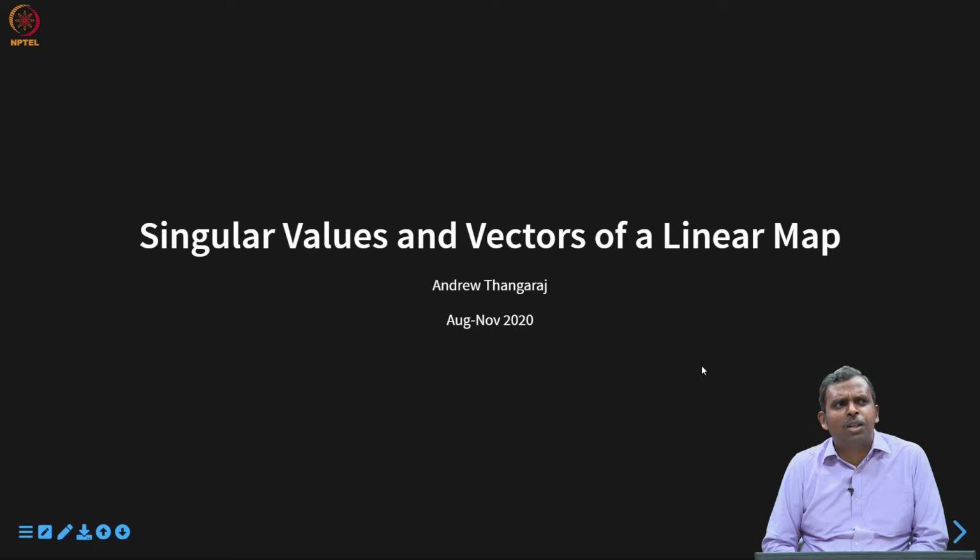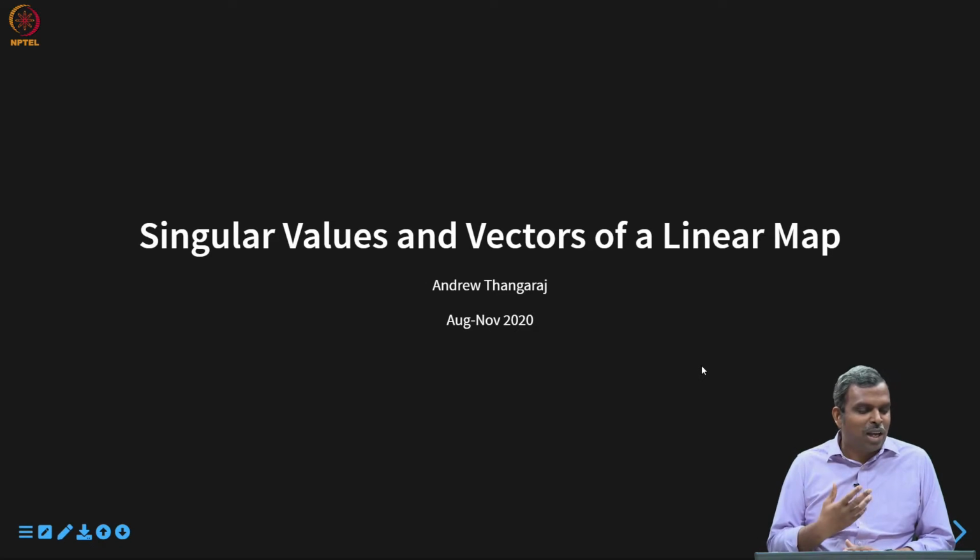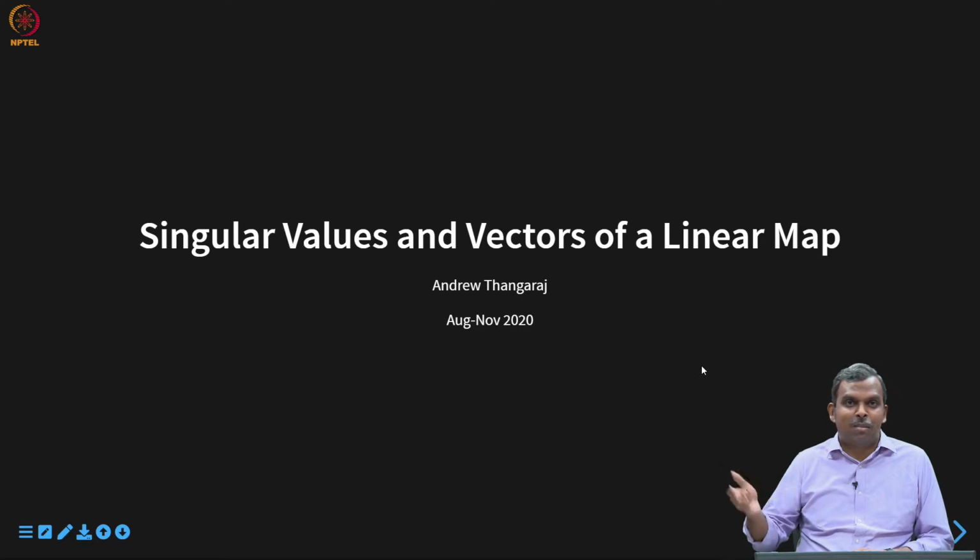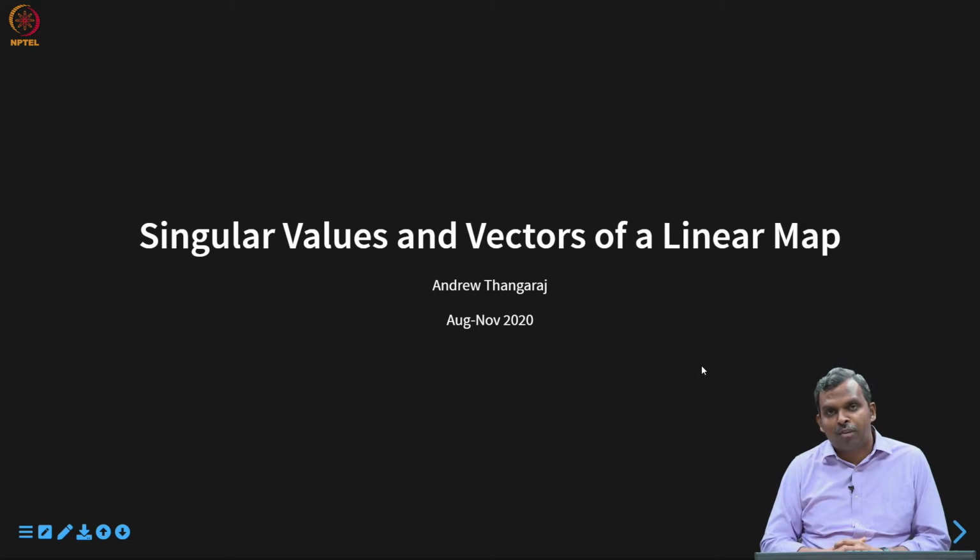Eigenvalues and eigenvectors are for operators, and now one can define these singular values and singular vectors, and these singular vectors always end up being orthonormal. That's very nice. And singular values always end up being non-negative, and they exist for any linear map, whether it's from V to W or an operator V to V. You can define all that.